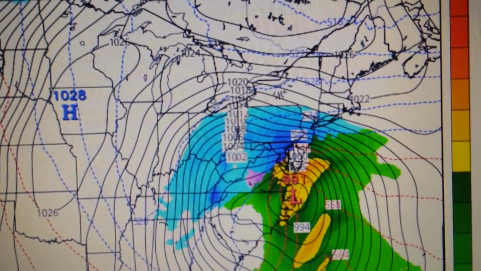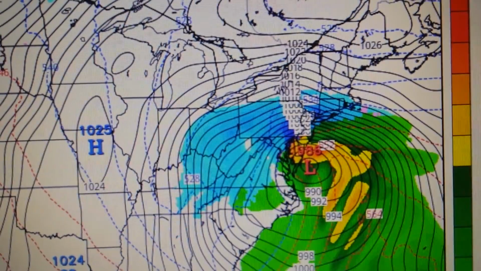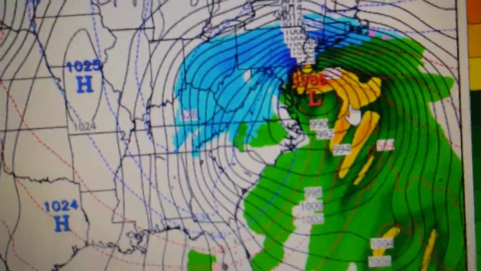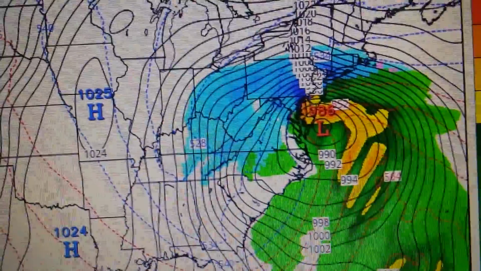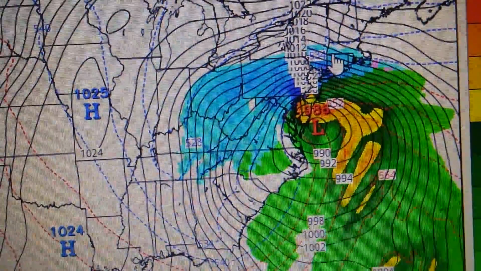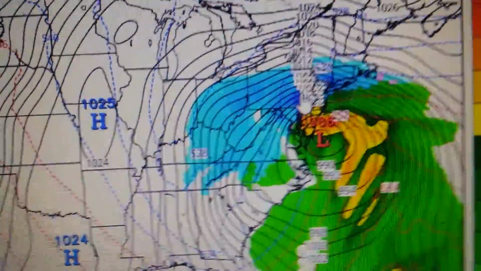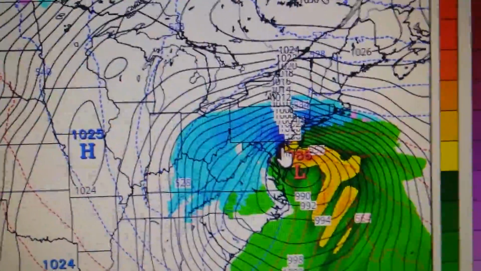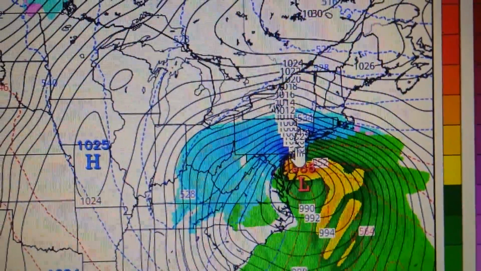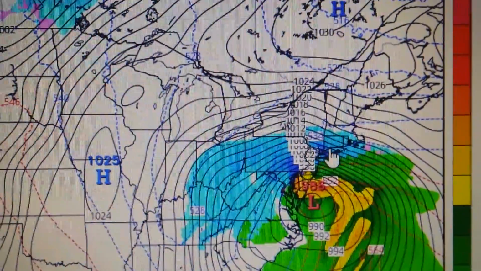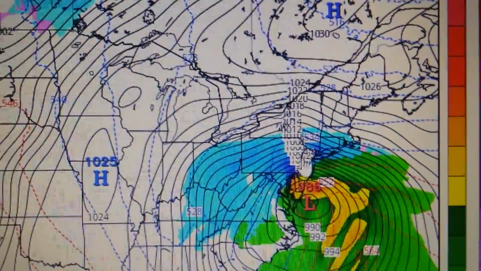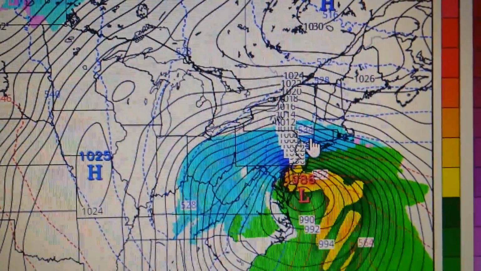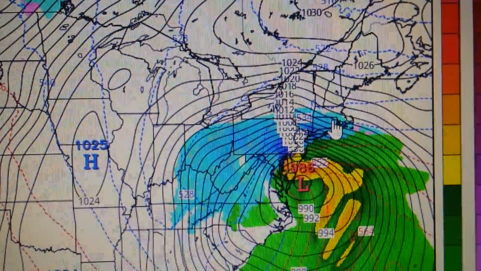Looking at the older run, you see this. Number one, it's all the way up in the Delmarva. Number two, look at how far north the snow is on Saturday morning. Now, instead of the heaviest snow being across the Mid-Atlantic, by D.C. and Baltimore, the heaviest snow is further north, across Long Island, New York City, eastern Pennsylvania, southern New York, and southern New England.